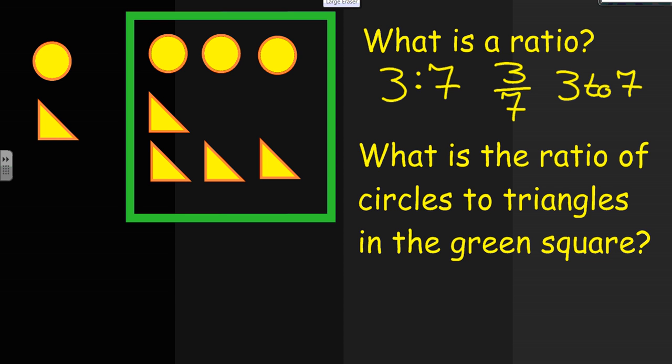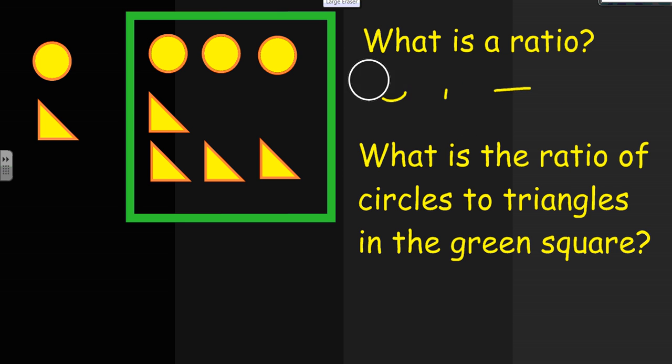The next thing that I want to take a look at is if I add a couple more triangles to our green square, we now have a new ratio. And the ratio of circles to triangles would now become 3 to 6.